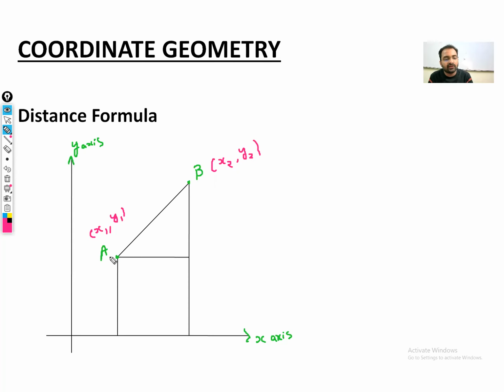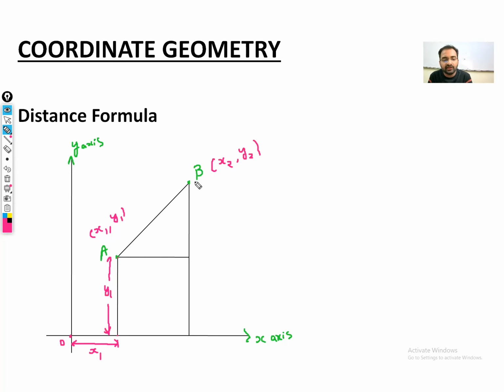If I'm writing the coordinate of point A as x1, y1, what does it mean? It means if this is the origin, then from the origin to this point, the distance is x1, and from this point to this point, the distance is y1, right?